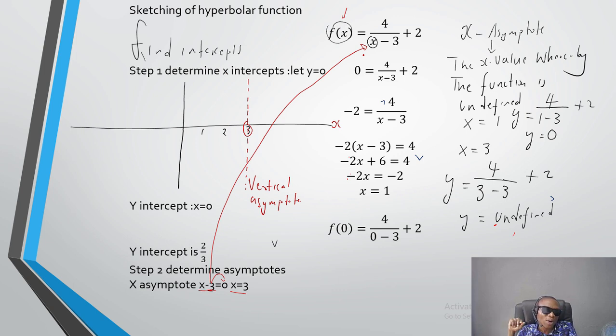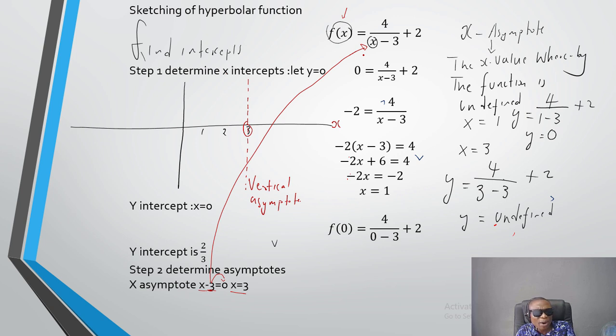Then we say, the function is undefined when x equals 3. So you have the x asymptote. What is the x asymptote? The value of x where the function is undefined. What is the easy way of finding the x asymptote? By equating the denominator to 0.